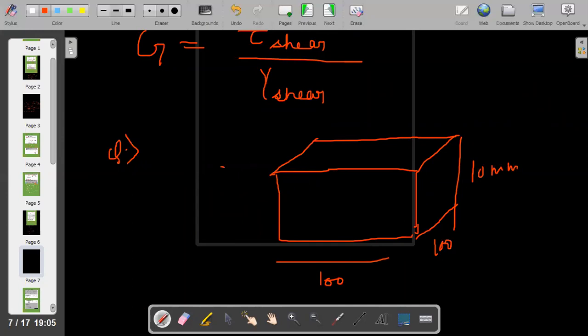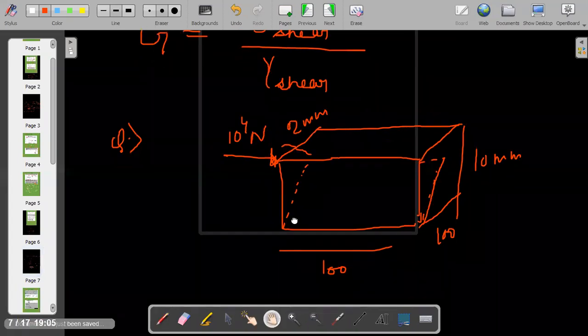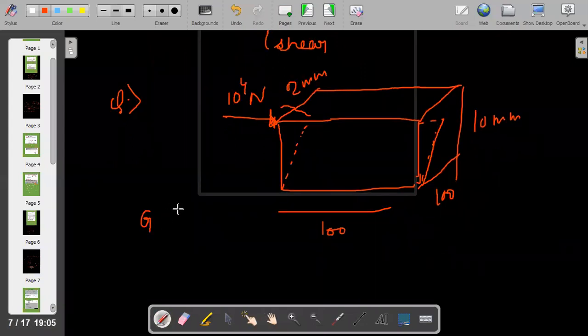A force of 10 to the 4 Newton is applied, and this point is displaced by 2 millimeter. Can you give me the G value? For finding G, you first calculate the shear stress, then the shear strain.